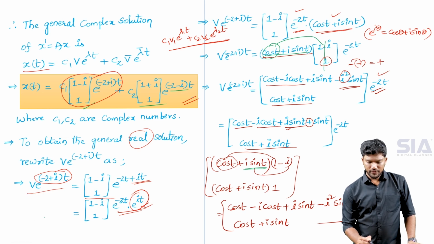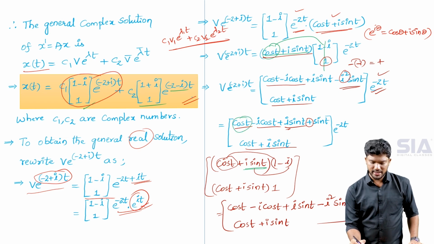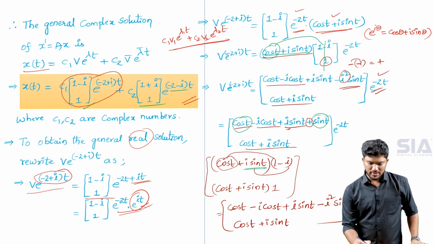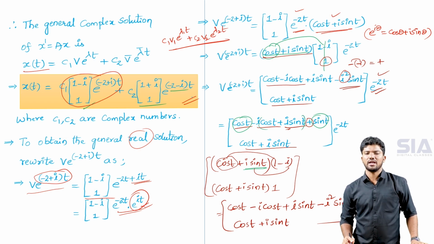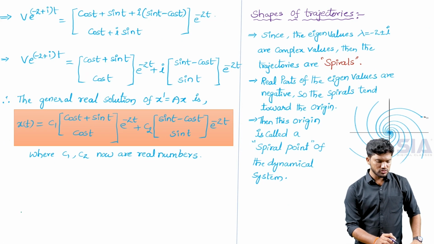Here you have constants and angles only, cos t and sin t. So write them at one place, and from the second terms take small i common, then you can write it in the complex number format. So the next value should be in this format.